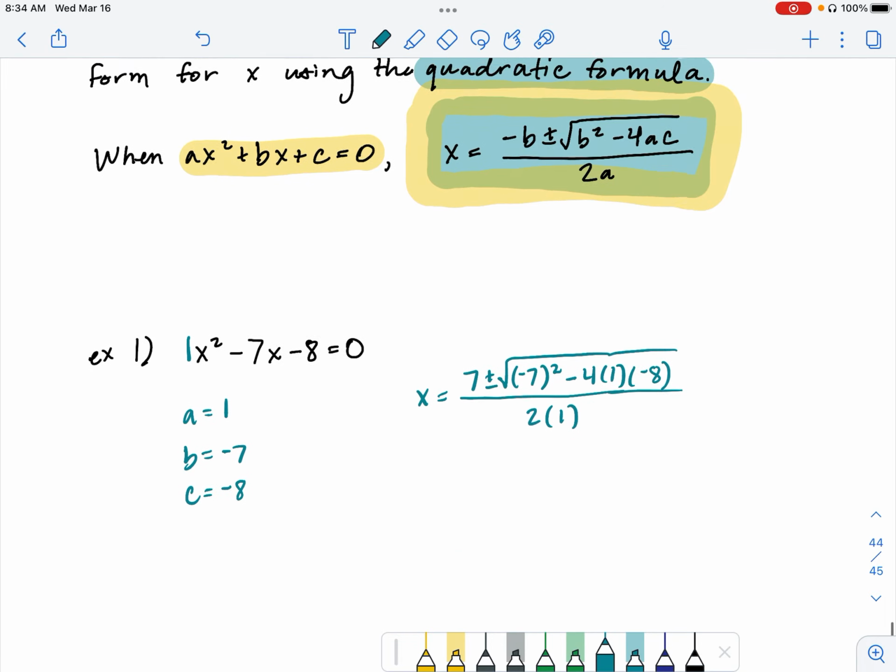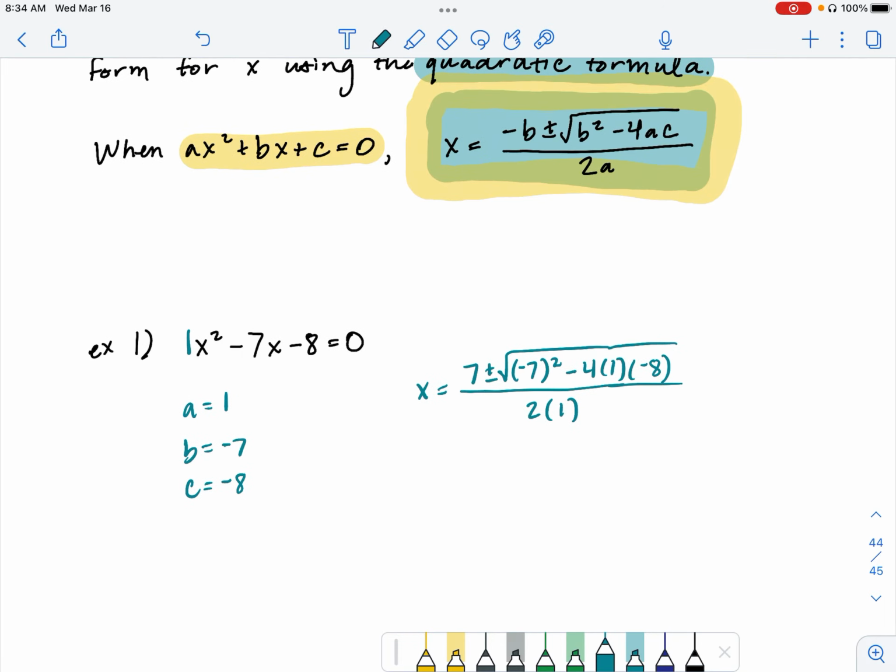I just need to simplify using order of operations. So I'm going to start by working inside the radical. I'm going to keep my 7 plus or minus, and I'm going to simplify inside the radical. I can square -7 squared. -7 times -7 is +49.